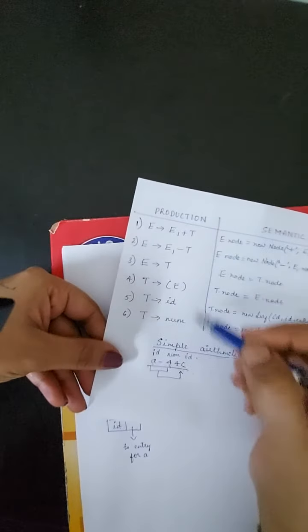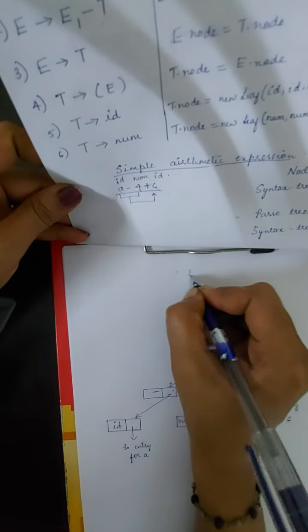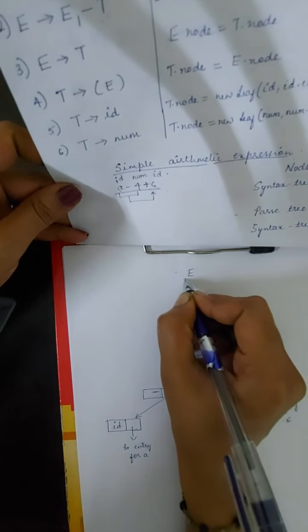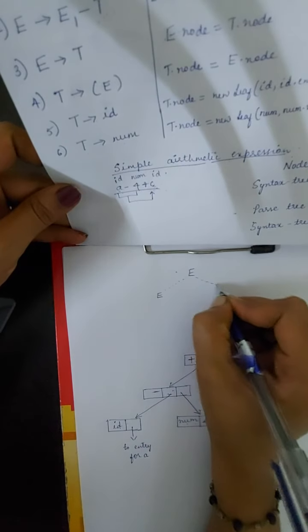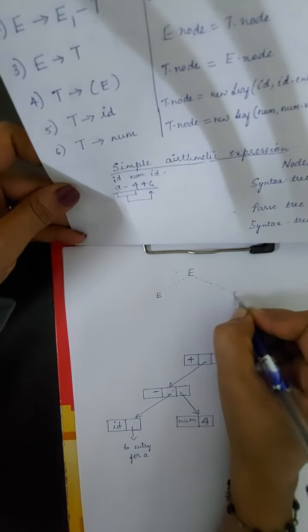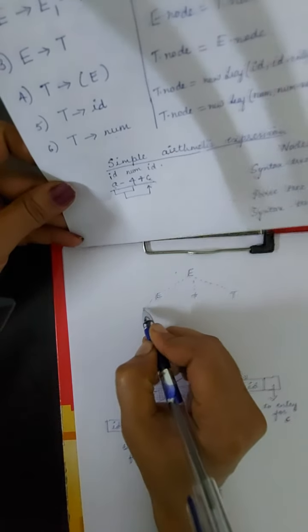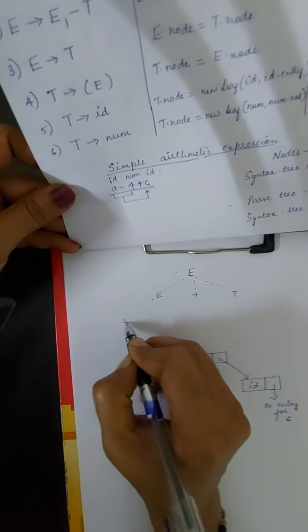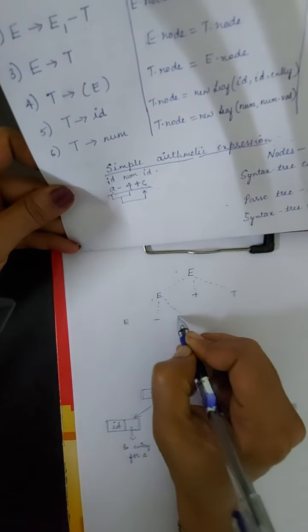Let us draw these derivations over here. The first one being E. E in turn produces E plus T. This E in turn produces E minus T.